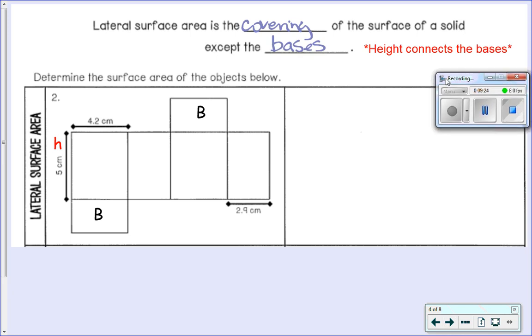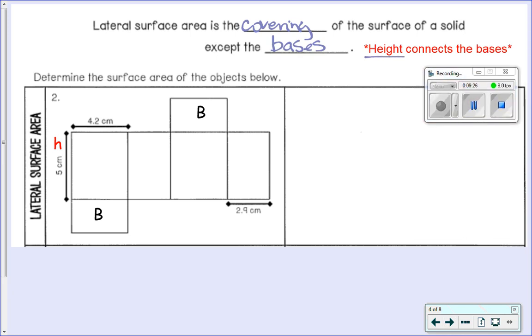And I did talk about this, you may want to write this, that the height connects your bases. Okay, so let's fill that in. The height connects your bases. And so for this example right here, we are going to determine this lateral surface area. All right. So remember we talked about rectangular prisms, triangular prisms.